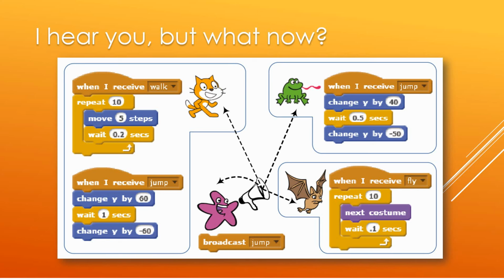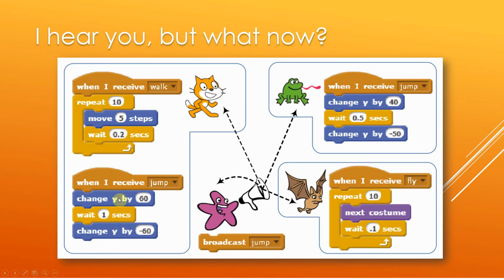So the bat will in effect not hear any broadcasts made by the starfish which say jump. And you can also see over here the cat has another receive block called when I receive walk. So if one of the other sprites broadcast a walk message, the cat would hear that message.